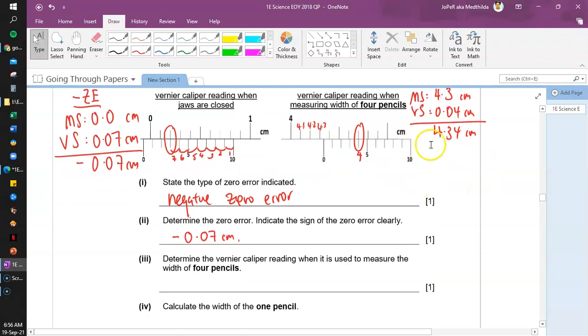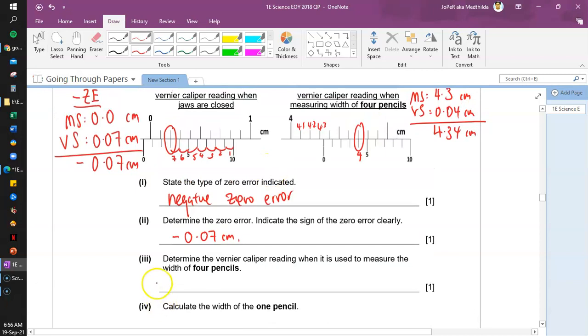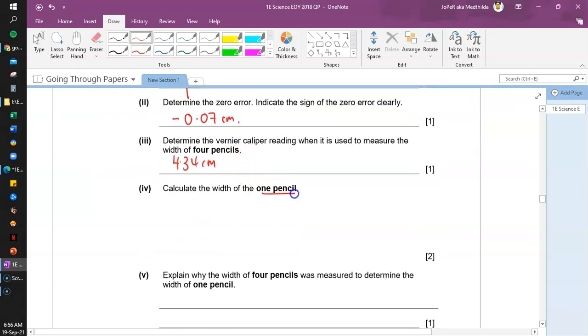Now once I got the measurement of the 4 pencils, and I have the negative zero error, I can actually do part 3 and part 4. Determine the vernier caliper reading when it's used to measure the width of 4 pencils. The vernier caliper reading is 4.34 cm. Now to calculate the width of one pencil, let's find the actual width of 4 pencils first.